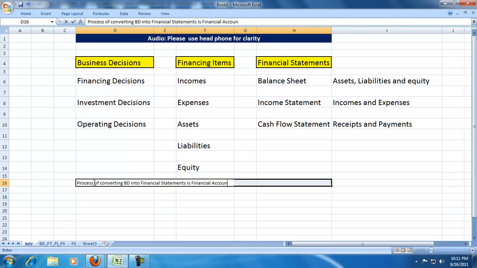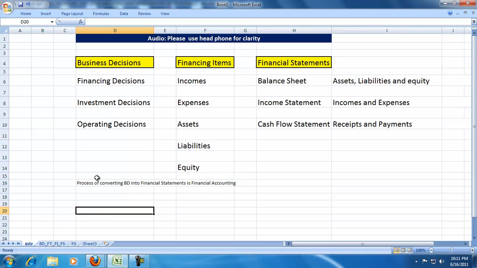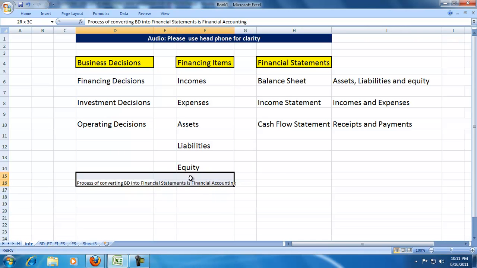Okay, financial accounting. So that is the understanding of accounting for the time being.